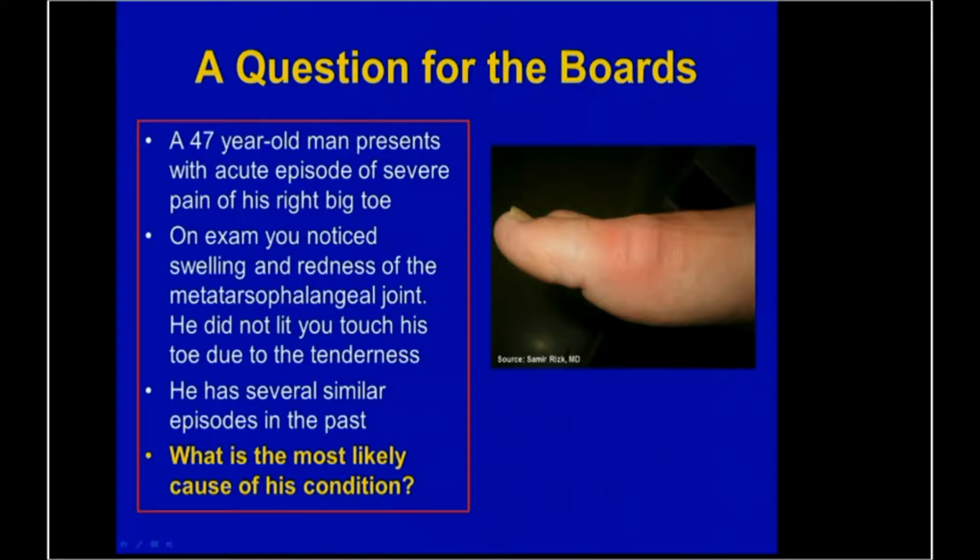This is the classic presentation of gouty arthritis, basically presenting in a patient who has a severe episode of pain and tenderness, maybe redness in the right big toe. Actually, it's painful to touch, and maybe similar episodes in the past.